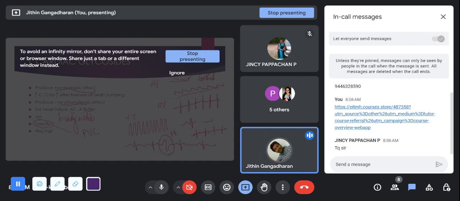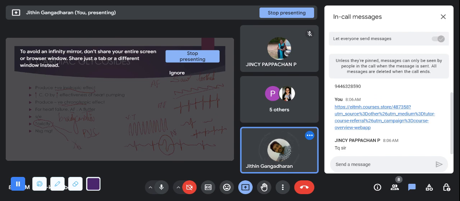This pattern is known as a premature ventricular contraction, or VPC, ventricular premature contraction. Both are the same.